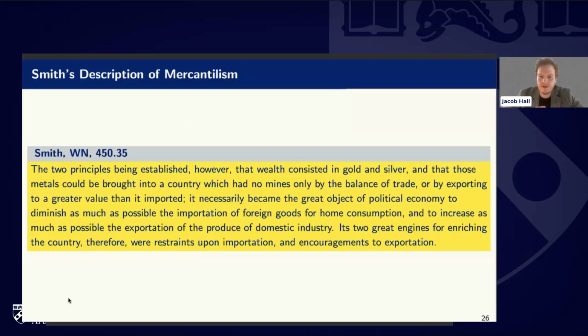Right? So the mercantilists want to diminish as much as possible the importation of foreign goods and increase as much as possible the exportation of domestic goods. It is these two great engines for enriching the country. Therefore, restraints on importation, and policies that encourage exportation.